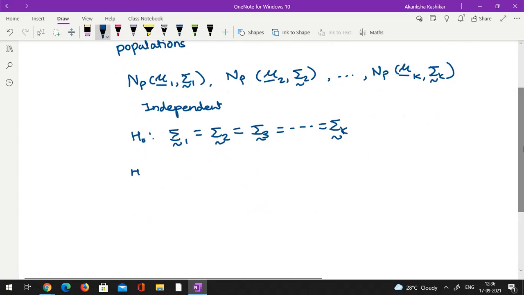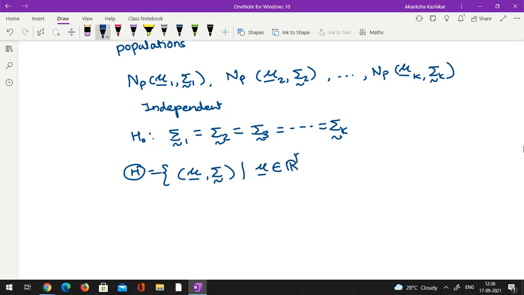The overall parameter space still remains the same. You have some p-variate vector mu, and a p-variate variance covariance matrix Sigma. Mu belongs to R^p, Sigma, p cross p, is a symmetric non-negative definite matrix.